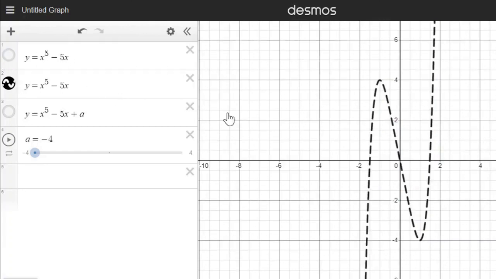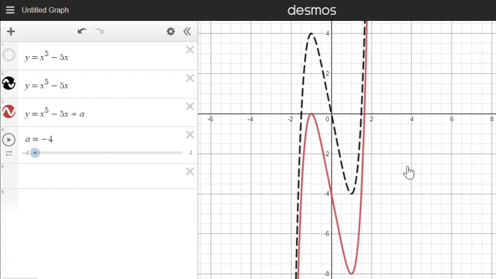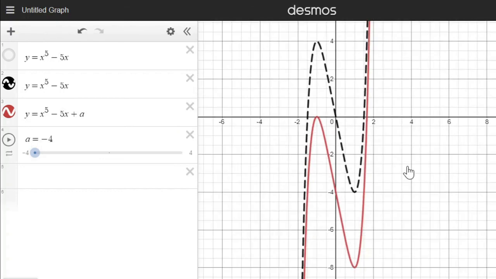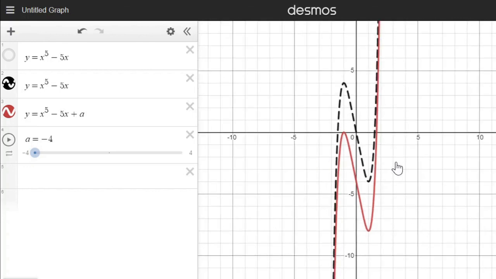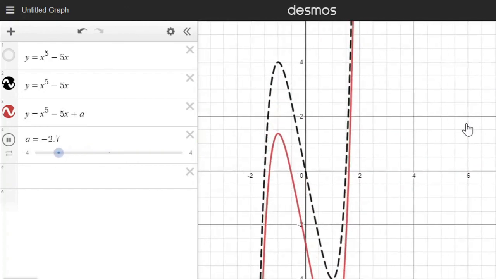Now let's make it the dotted line. Now this red function denotes x to the power 5 minus 5x plus a, where a is taken as the parameter. Let's see what happens when a varies in the range minus 4 to 4. You can see how the graph moves upward and downward as a varies.